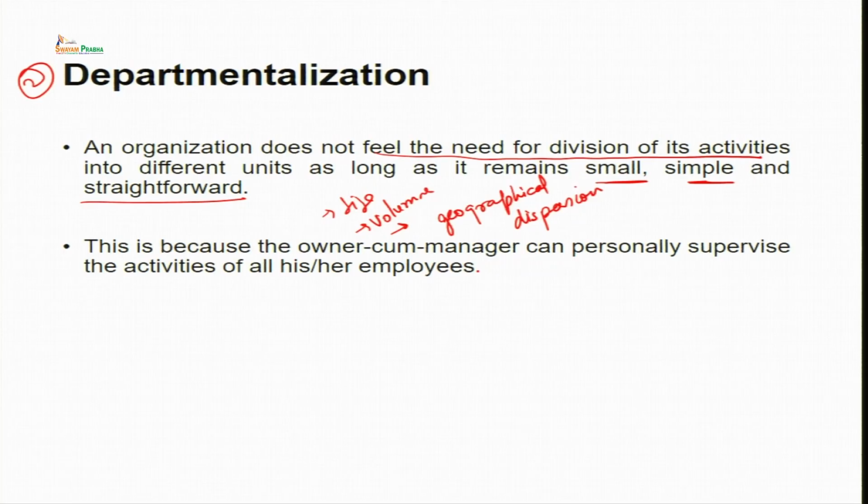Personalized supervision may not be possible with organizations reaching a certain high level of size and volume. Thus, organizational activities are divided and assigned to managers who would look after these activities on behalf of owners. Now, the manager has to take the role of the owner for each department.